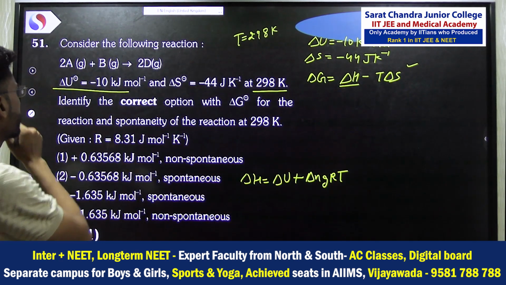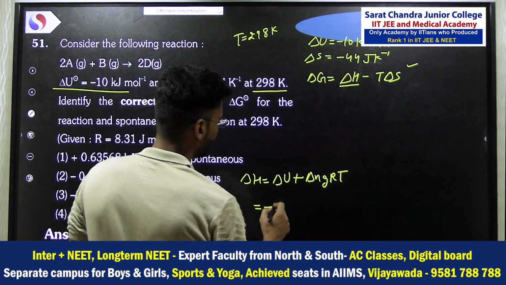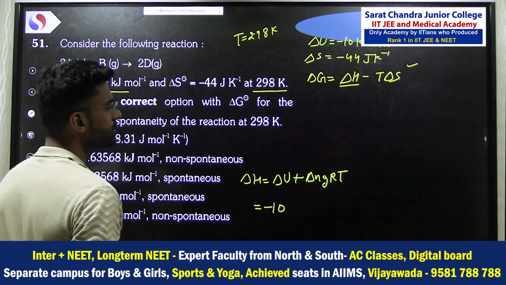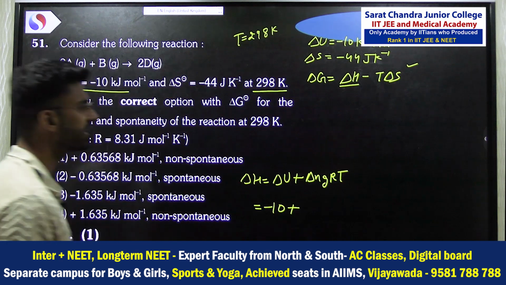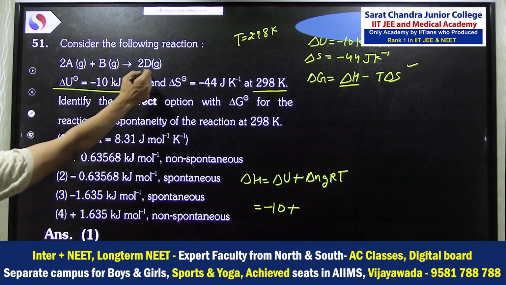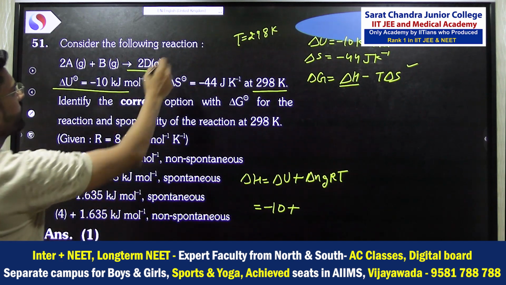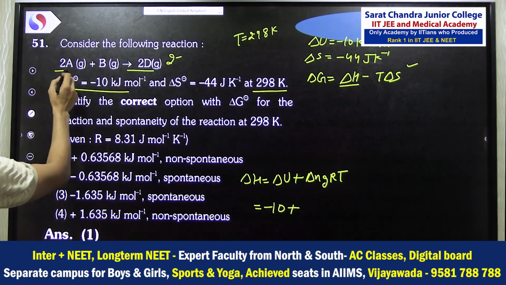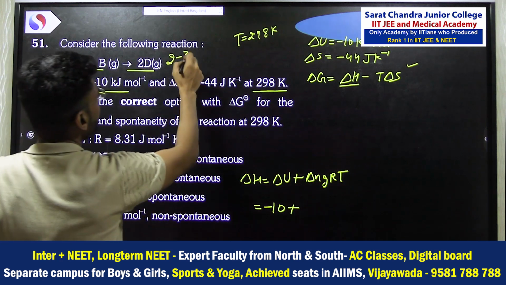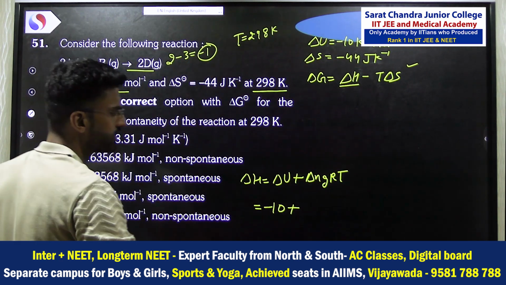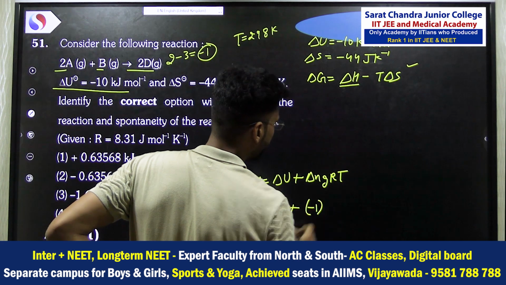The internal energy is already given here, minus 10 kilojoules per mole. What is the delta Ng value? How many moles of gas are there on the product side? 2. On the reactant side, 2 and 1, that is 3. So what will be the value? Minus 1. So delta Ng is minus 1.